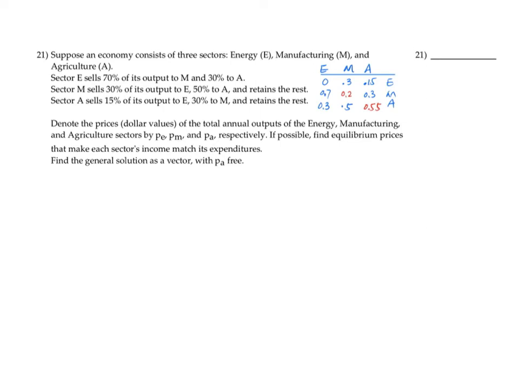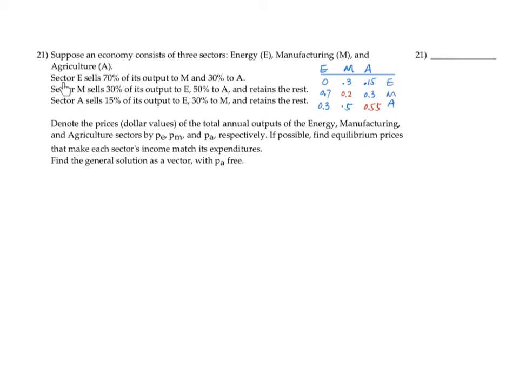this table here. I list these three sectors here, and column-wise, that's the output of each sector. And then row-wise, that would be the inputs for each sector.